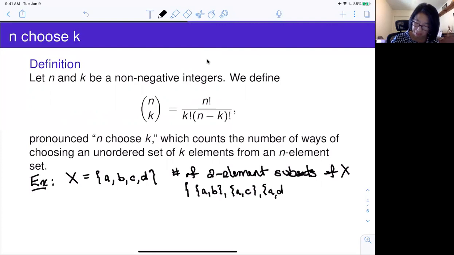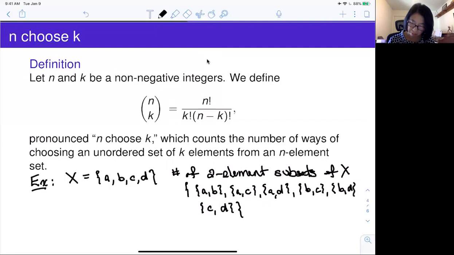Those are all the sets containing A, and BC and BD. Now I have all the possible 2-element sets containing B written down, and then CD. So there are 1, 2, 3, 4, 5, 6 sets.